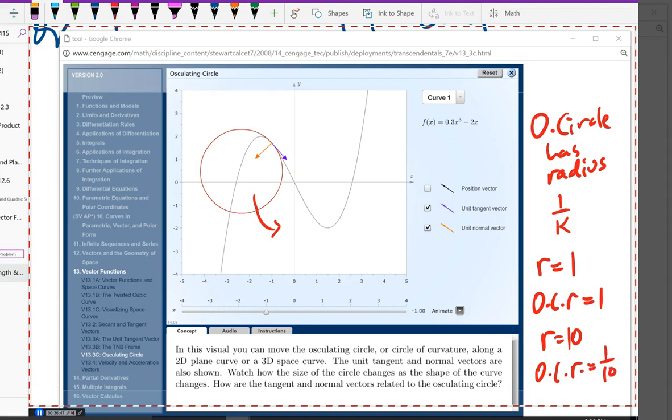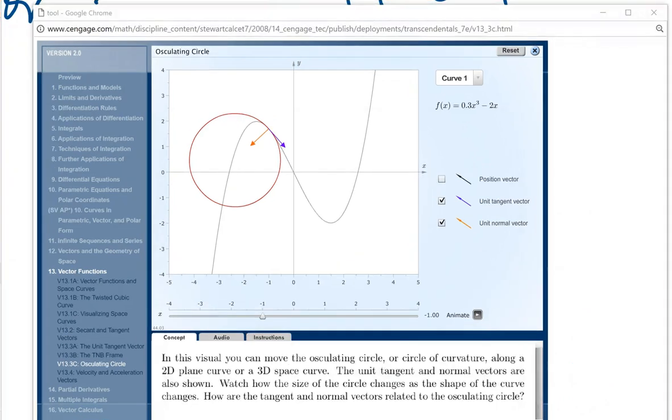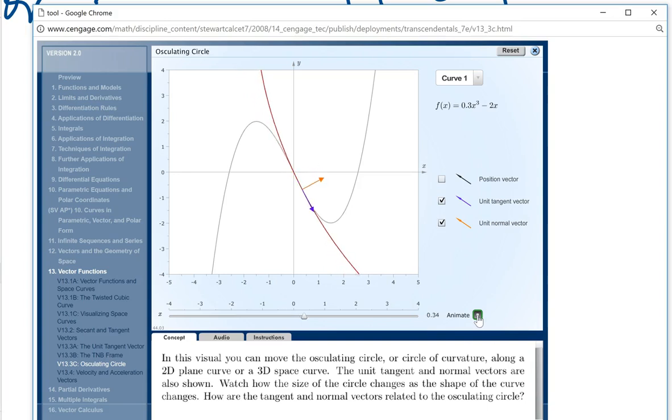So I'll show you how this works. So let's animate this. As you move along this curve, this is the first curve, the osculating circle gets smaller and bigger. So let's stop it right here. The radius here is small because the curvature is large.